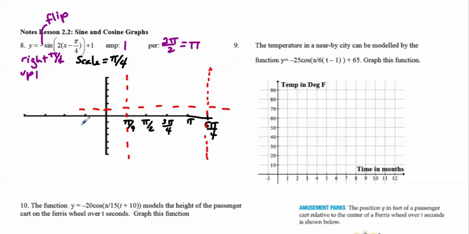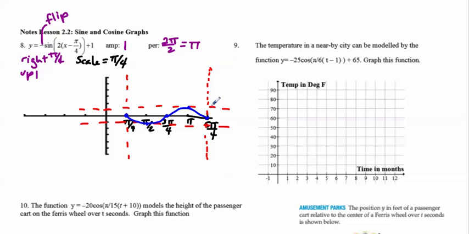And my minimum is 1 below the midline. And my graph will happen in here. Normally, sine is midline up, midline down, midline, but it has flipped. So it's going to be midline down, midline up, midline. And you want to sketch it in.